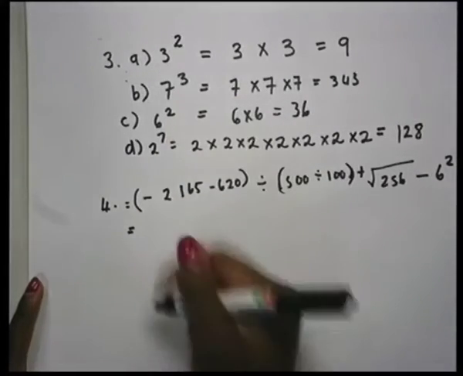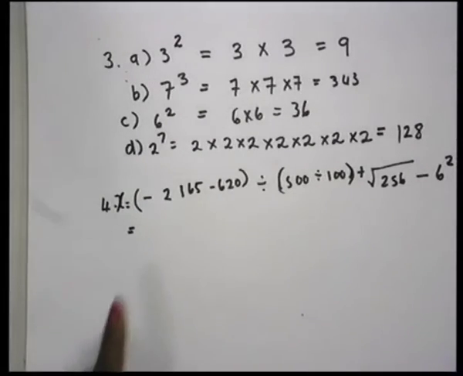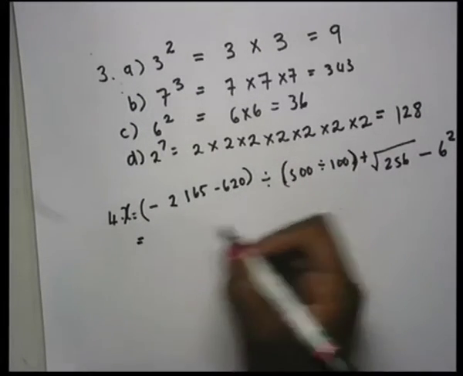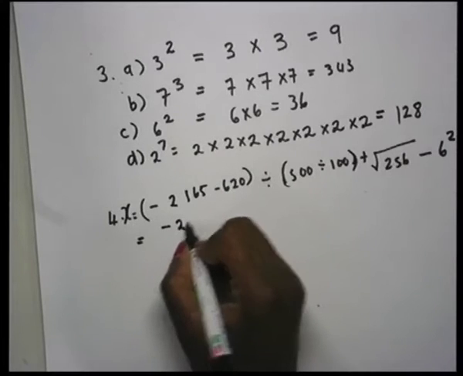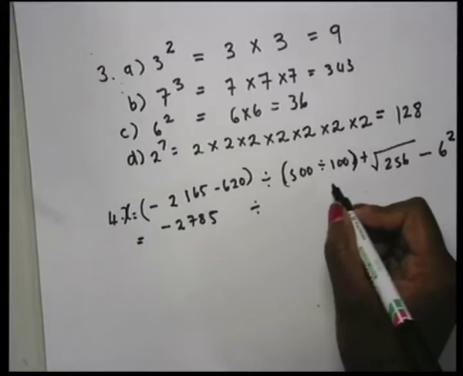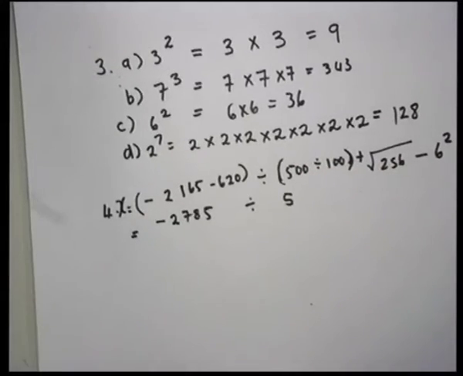Therefore, in this case, we are trying to compute x. All right? So then first we compute the first bracket. The first bracket is equal to negative 2,785. The second bracket is equal to 5, because 500 divided by 100 is equal to 5, plus the square root of 256.